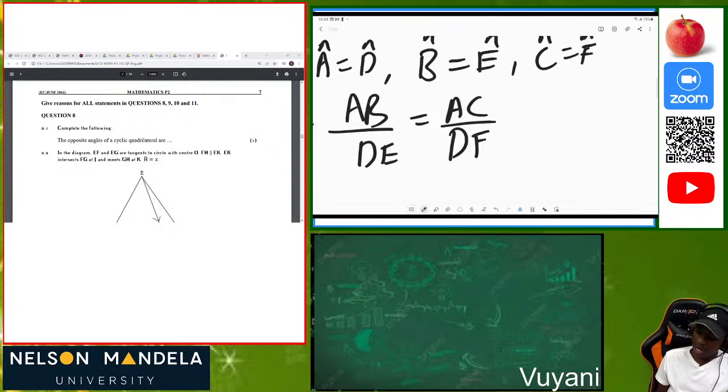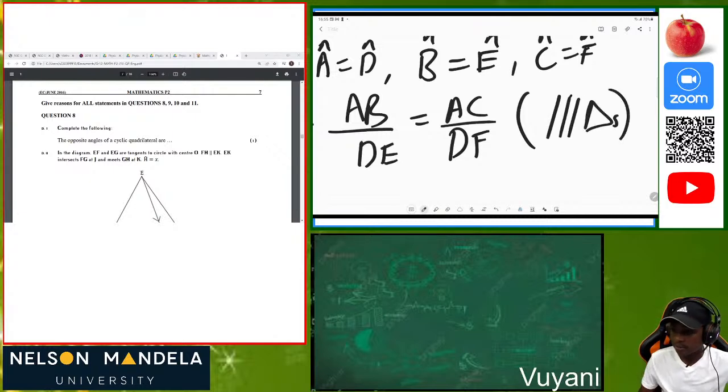So that's our similar triangles. When you're asked the reason, you can just say the triangles are similar. Then you're done.